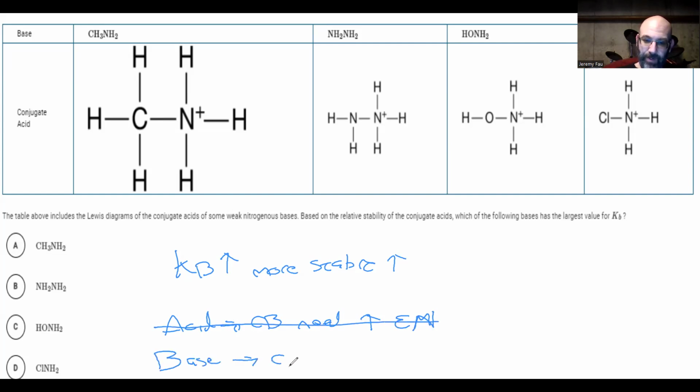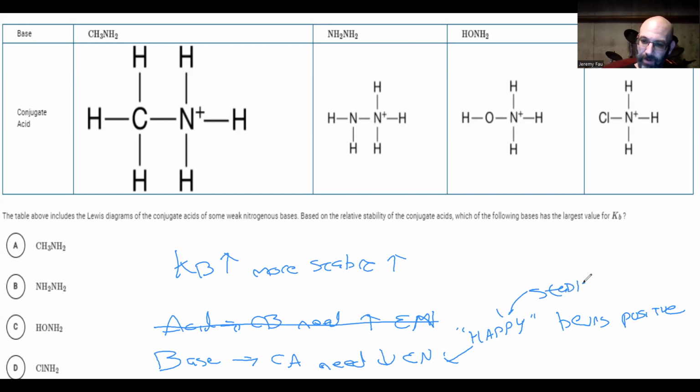So bases that produce conjugate acids, they become positive. They need low electronegativity. They have to be happy. Can't use that word for real, right? But they gotta be happy being positive. Gotta be stable being positive, right? We want the one that's the least electronegative.